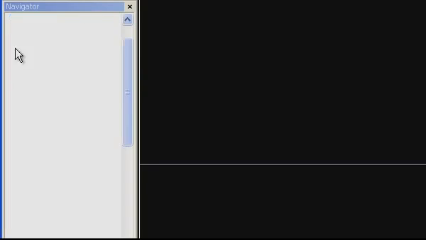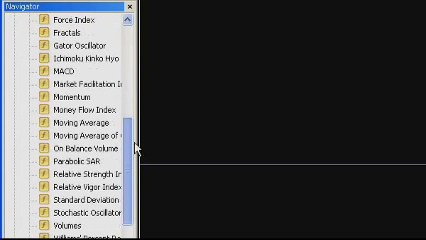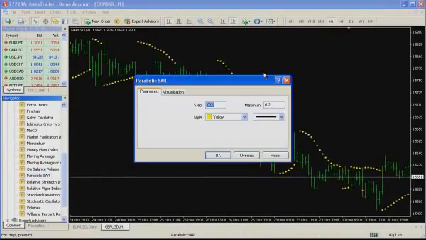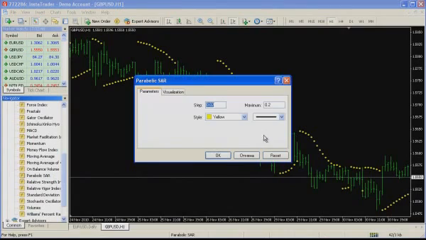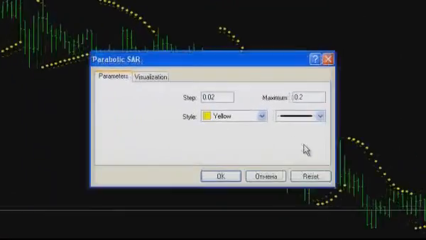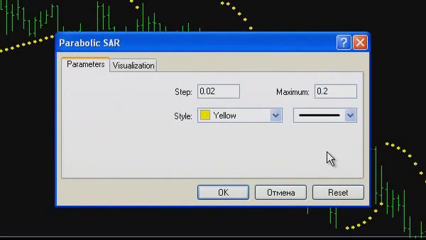To do this, you need in the menu of the Navigator panel to open the list of indicators, choose parabolic SAR and move it with the help of the mouse on the chart, or click on it twice using the left button of the mouse. In both cases, the dialog window with the indicator's parameters appears on the screen. These parameters can be left unchanged, adjusted manually, or standard settings can be restored by pressing the Reset button.